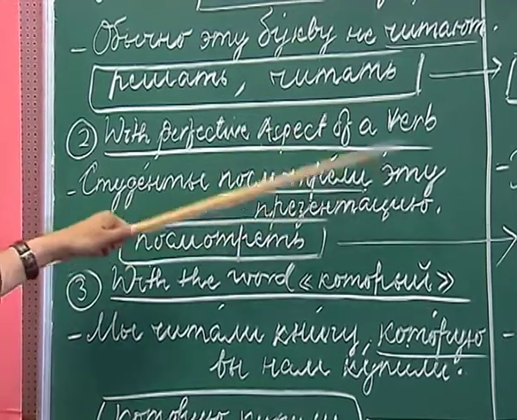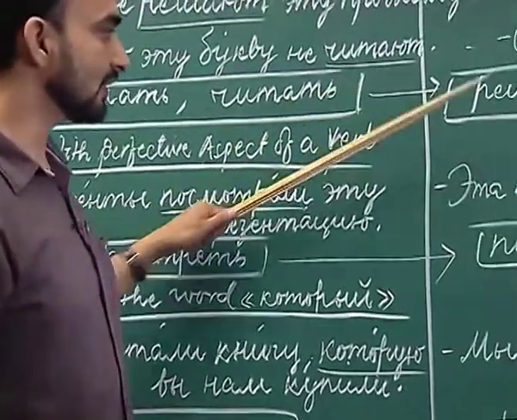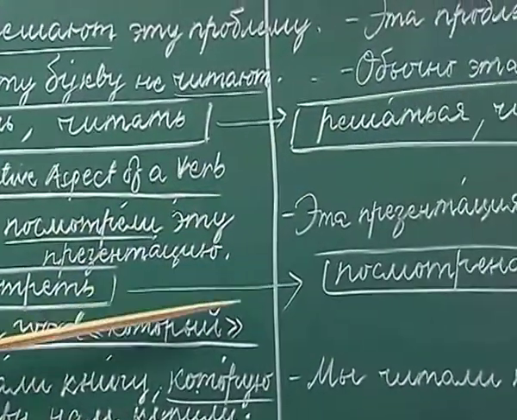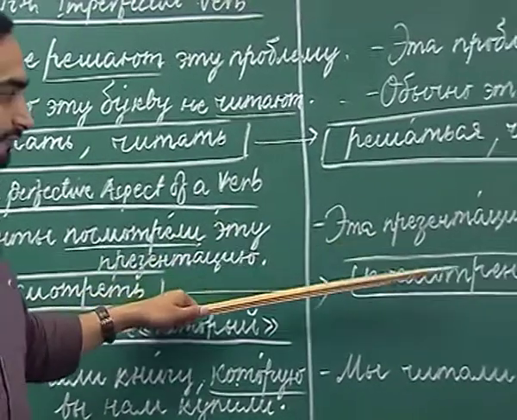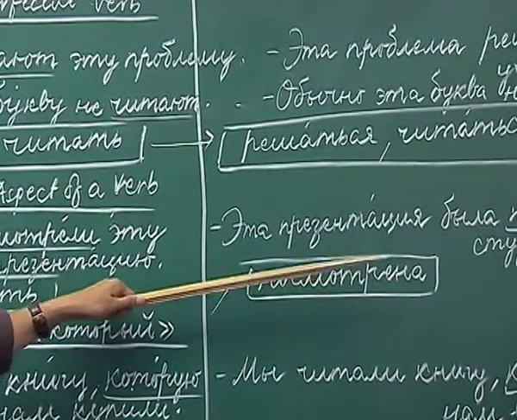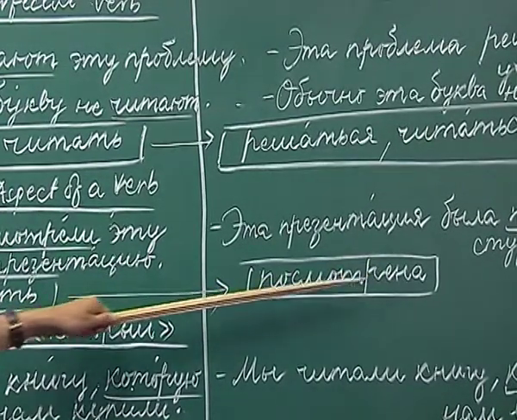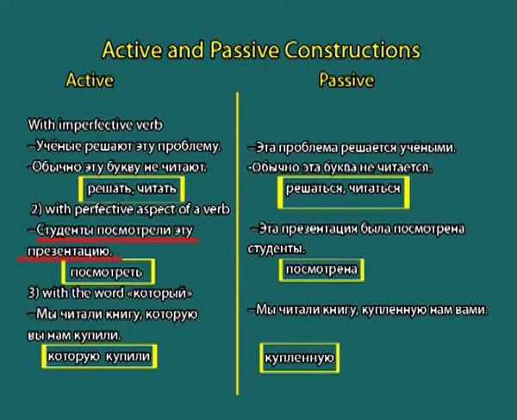So, how do we convert or change this active construction into passive? By using the short form of the participle. So, from pasmatrech, what short form of passive participle do we derive? Pasmotrena. So, eta presentatsia bila pasmotrena studyantami.